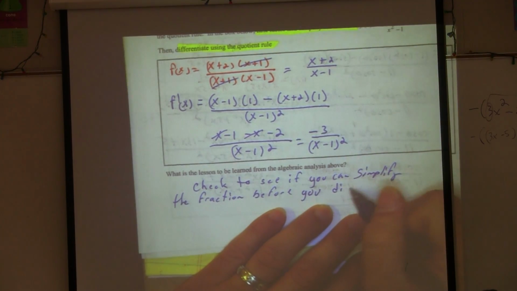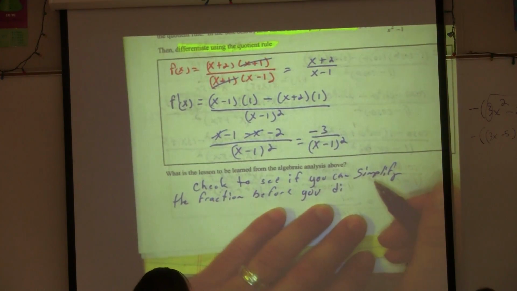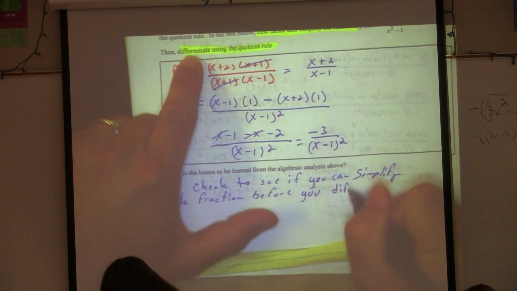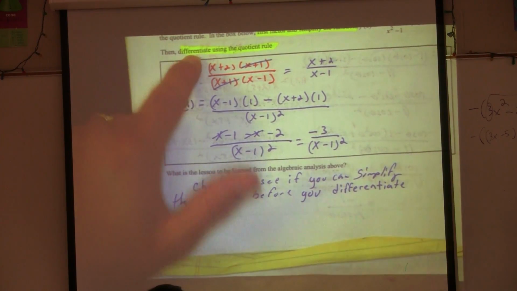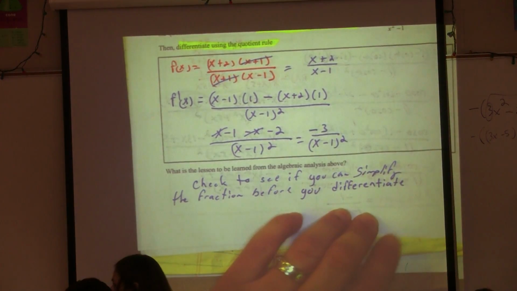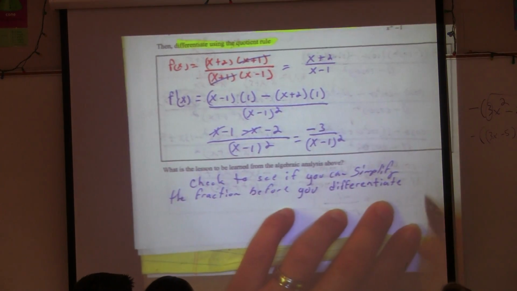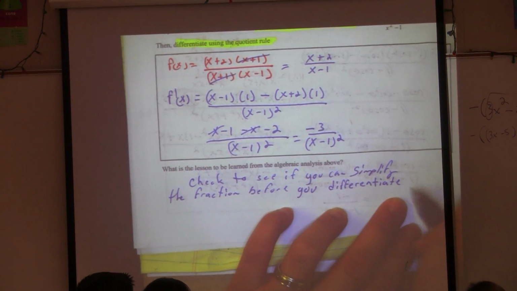How do you spell that? Oh, it's right here. D-I-F-F-E-R-E-N. Come on, you're in spelling. You should be able to tell me. What if that's one of your spelling words? Before you differentiate, right?